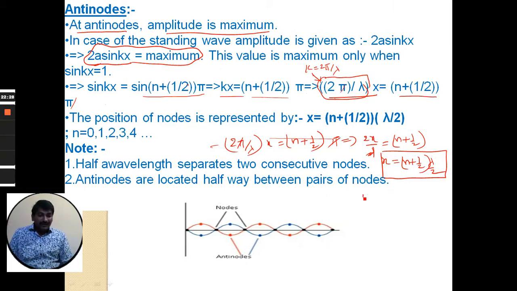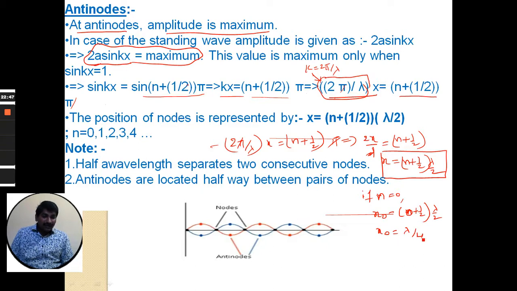Let us say n equal to 0, so the x position is (n plus 1/2), meaning n is 0, 1/2 into lambda by 2. Simply x naught, the position of the antinode, is at lambda by 4 distance.